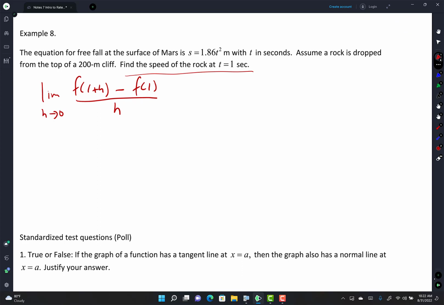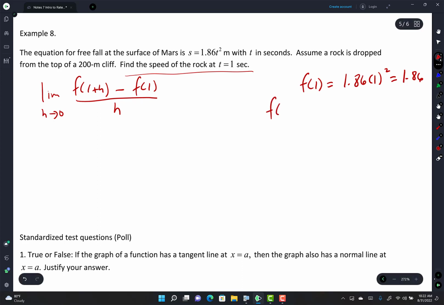All right. On the side, I'm going to go f of 1, and I'm going to go 1.86 times 1 squared. And you get 1.86. So at 1 second, you're at position 1.86 meters from your starting point. A little bit past 1, so 1 plus h, I'm going to go ahead and 1.86 times 1 plus h, close it, squared. I'm going to expand it.